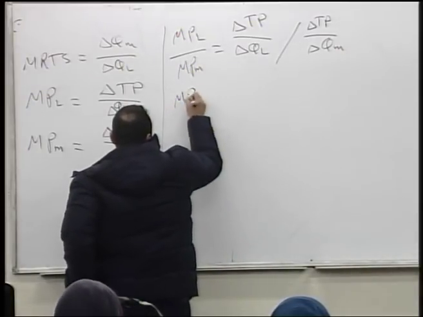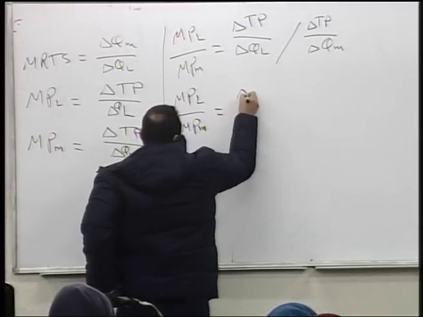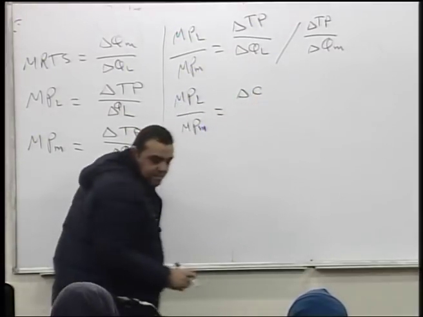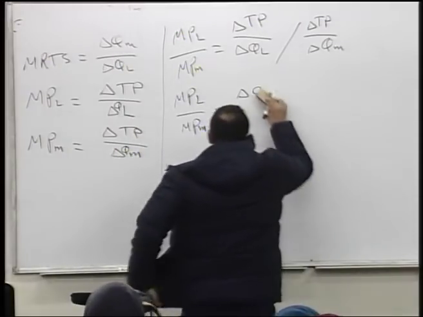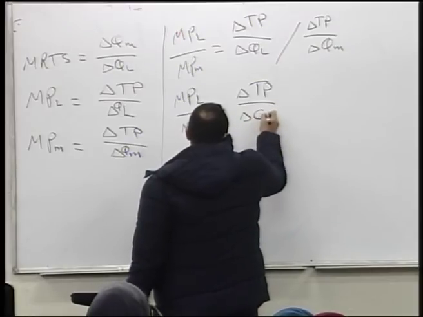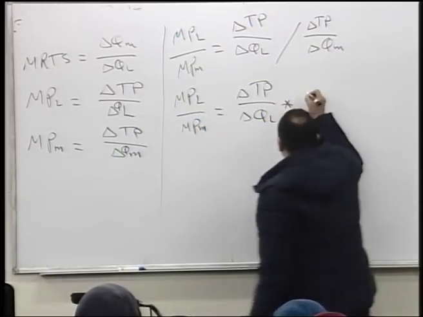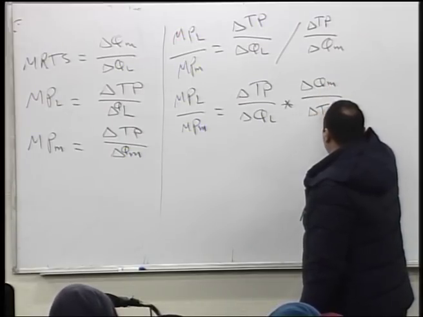So MPL over MPM equals change in total production of labor over change in quantity of L, times change in quantity of machines over change in total production.